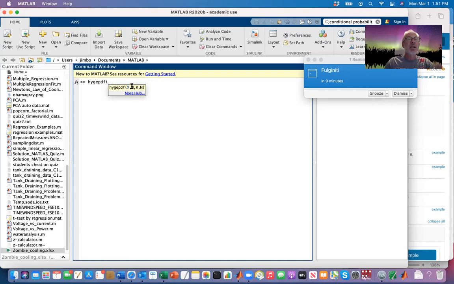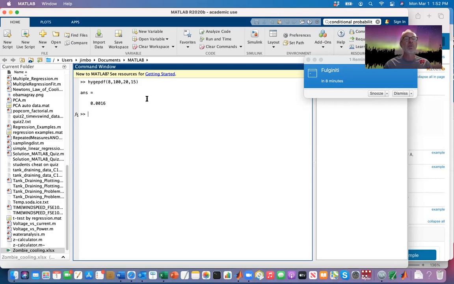Let's say we have a population size of 100, of which 20% are successes. What's the probability of getting 8 successes in a sample size of 15, given 20 of the population are successes? Very low, about 2 in 1,000.